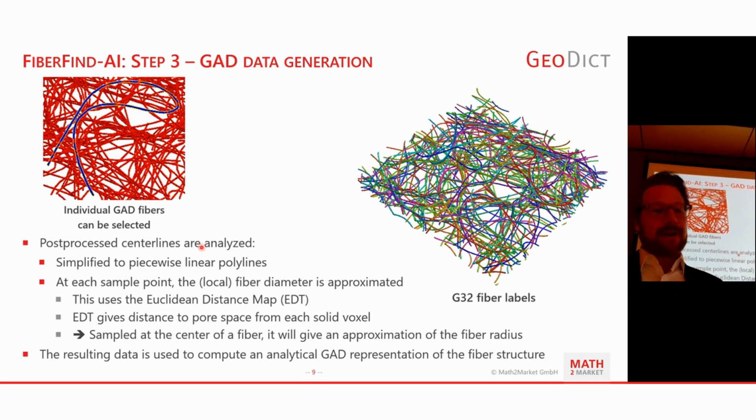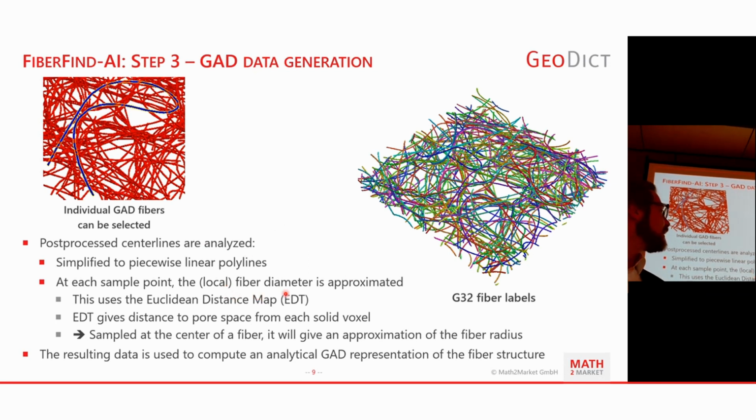So starting from the first step, the post-processed and repaired center lines are then analyzed. They are simplified to piecewise linear polylines. So we have basically a chain of short straight segments representing each fiber. And then in order to extract the diameter of that fiber, we use the Euclidean distance map.